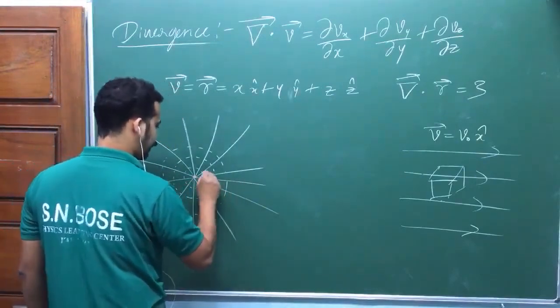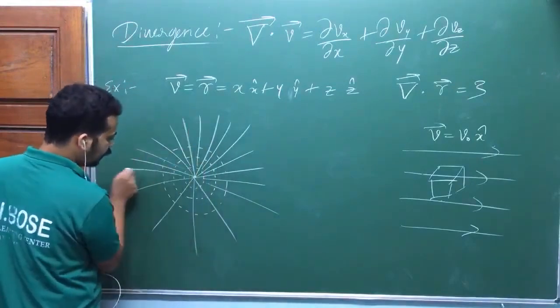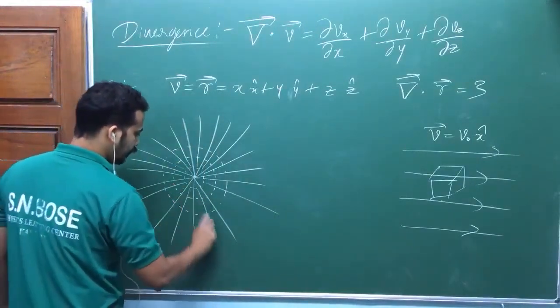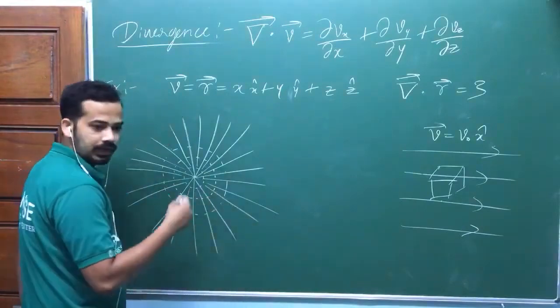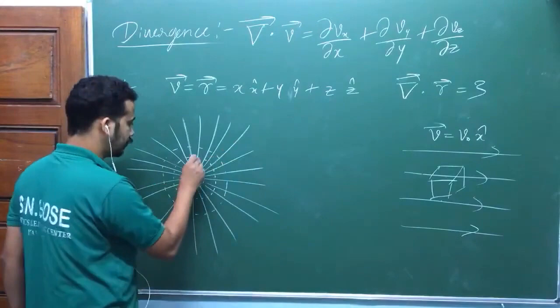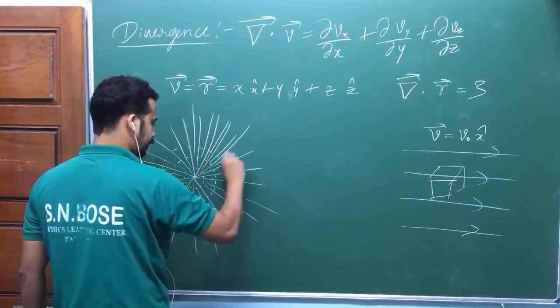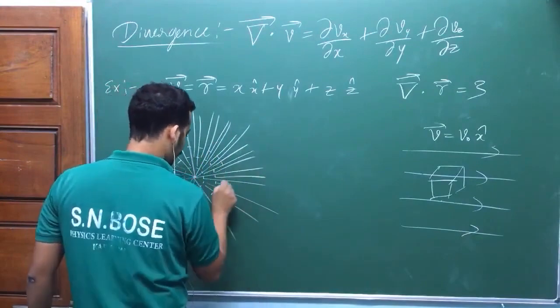Are you getting my idea? Field lines are generated because we have non-zero divergence, okay? Again, generate much more. Is that okay?